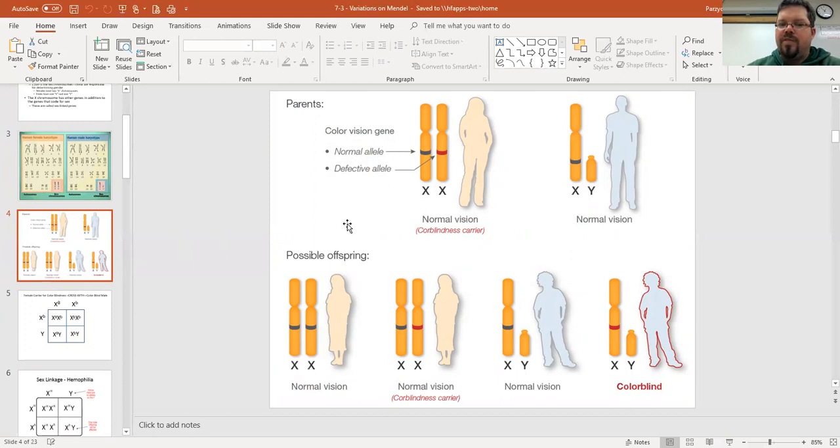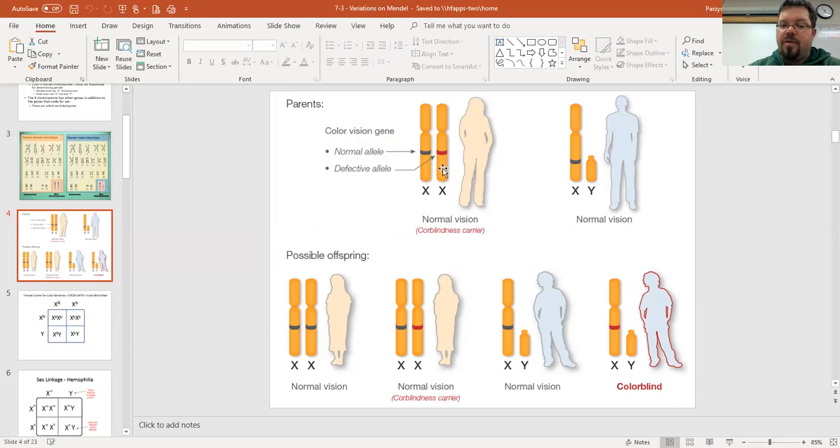So one example is color blindness. It's very rare to ever see a female that is colorblind. It's much more common to see males that are colorblind because females have two X chromosomes, and they need to have two copies of the quote-unquote defective allele, the color blindness allele, to actually exhibit color blindness.